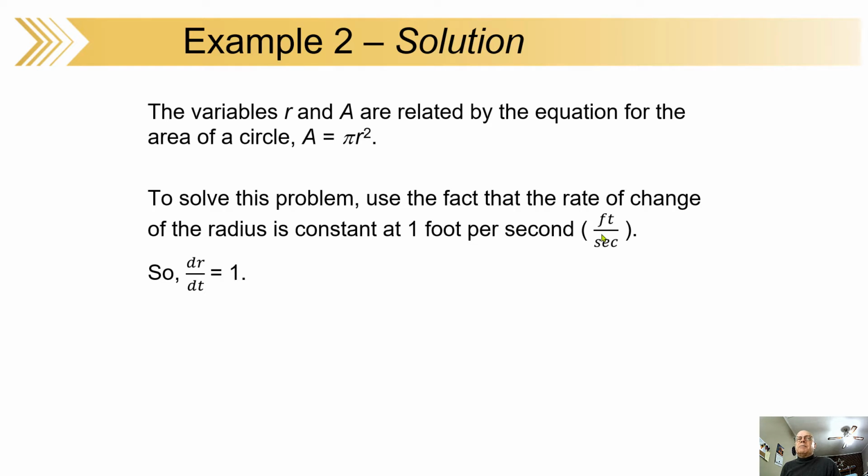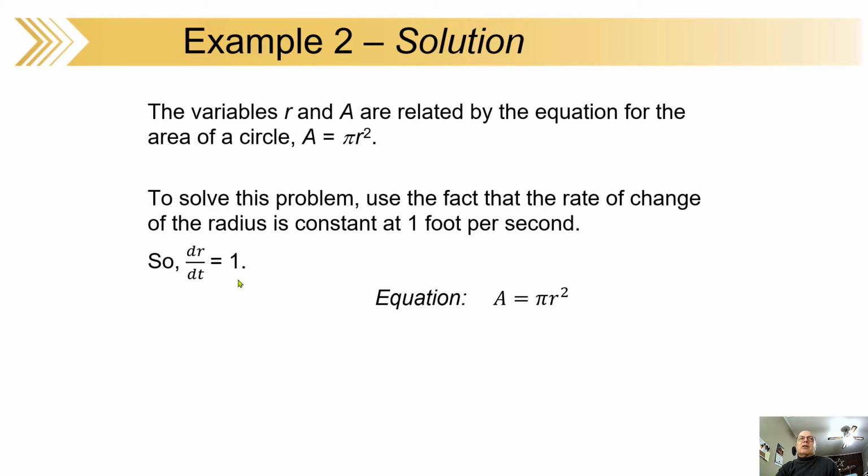That was given. So dr dt, this right here, the radius is changing at 1 foot per second. This is just another way of writing the radius is changing at the rate of 1 foot per second. So that's one of those things you want to write down as a given, only in symbolic terms.